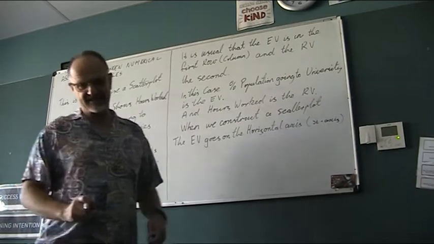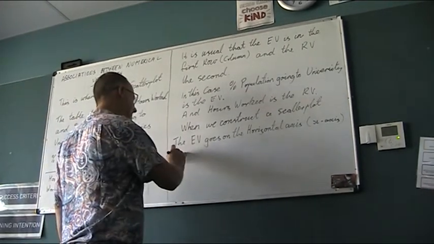So in brackets there, the x-axis if you like, and then the RV on the other one, of course.